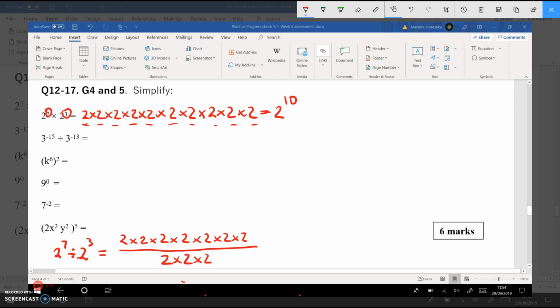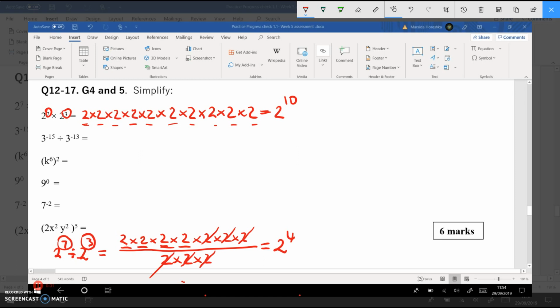So, because division is the same as a fraction, this and this would cancel each other out, this and this would cancel each other out, and this would cancel each other out. So we've got 1, 2, 3, 4 lots of 2. So that would be 2 to the power of 4. So what's happened to the powers? 7 take away 3 gave us 4. So when dividing indices, we take away the powers.